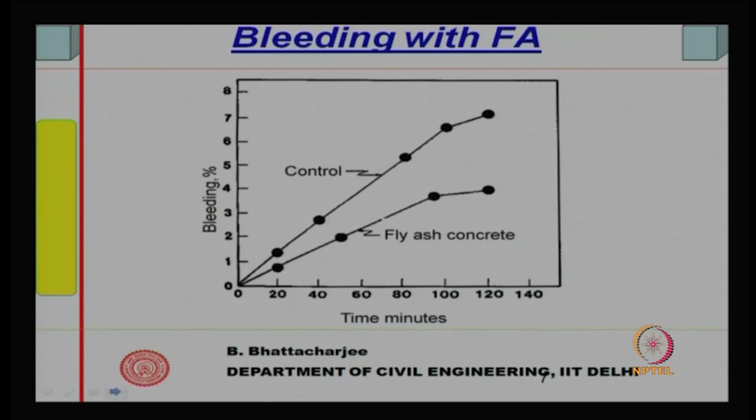Bleeding with fly ash: fly ash concrete reduces bleeding. Now, what is bleeding? You see, since specific gravity of water is the least amongst the constituents of concrete, you add cement, the specific gravity of which is 3.14, that is the mass of the cement divided by the volume of the cement solid.